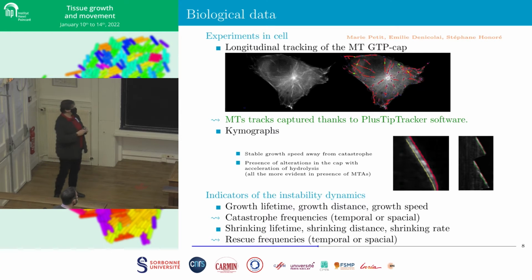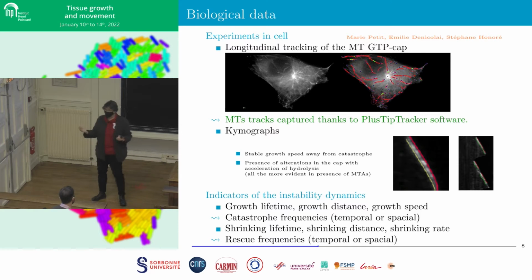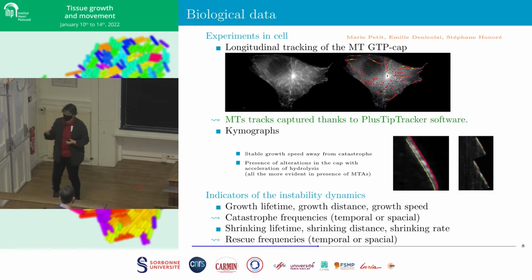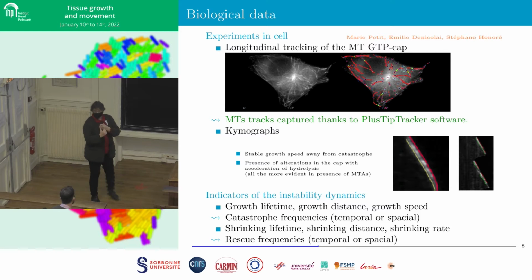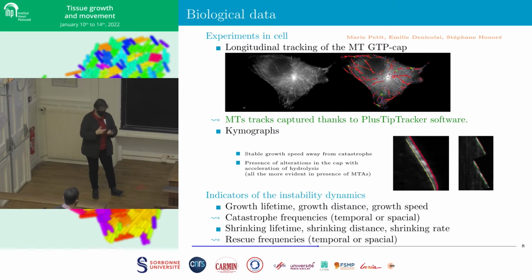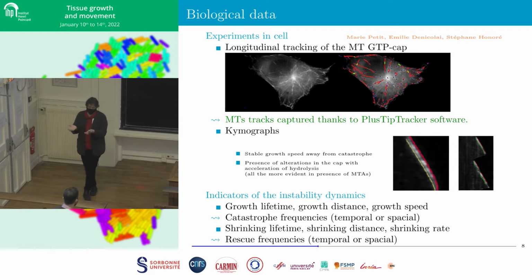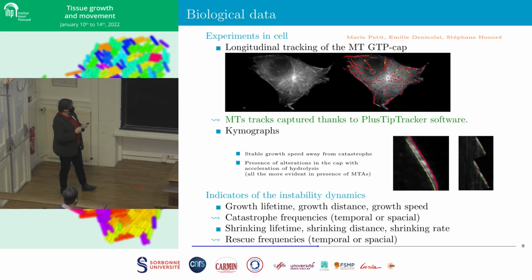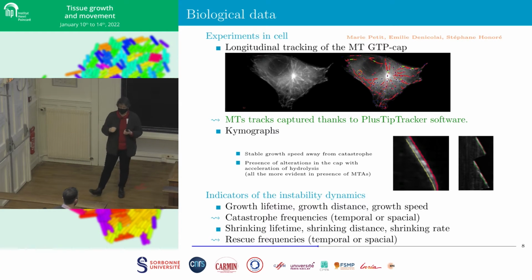If you look carefully at many chemographs, you see that the disappearance of the cap can be due either to a slowdown of the polymerization, which can be modeled by the fact that you don't have a sufficient amount of GTP tubulin to be polymerized, or to an acceleration of the hydrolysis speed.